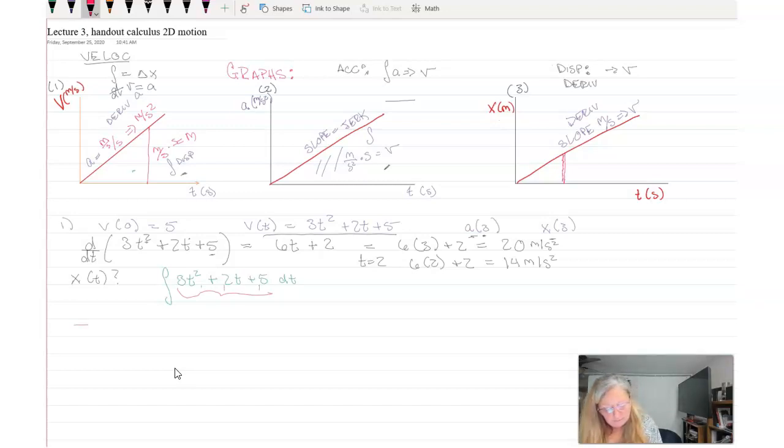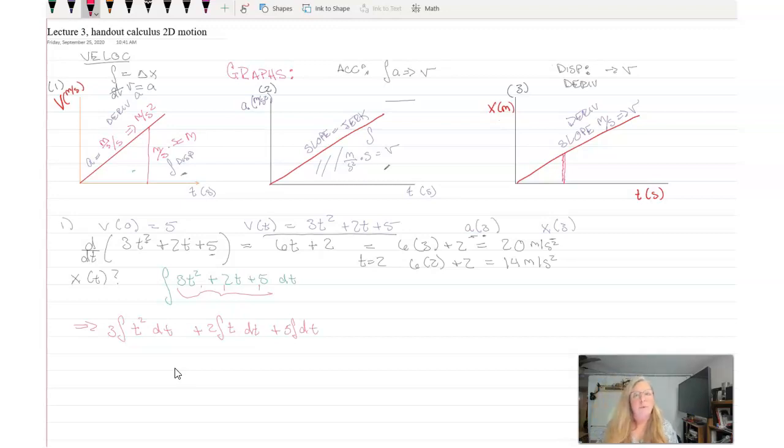So the other way to write this is going to be the integral, and we'll pull the constants outside so they're not in the way, of t squared dt, plus the integral of 2t dt, plus the integral of 5 dt.